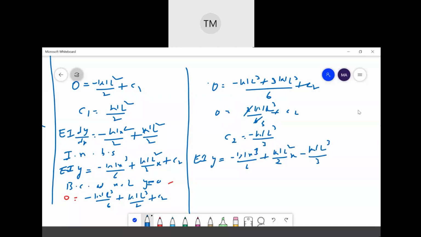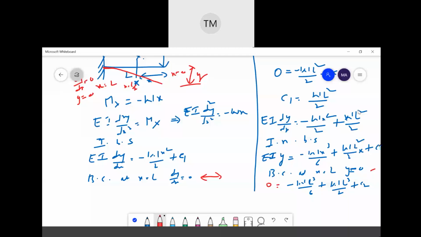In a cantilever beam, you have a slope and deflection always at the free end. We have a slope at free end and deflection at free end.